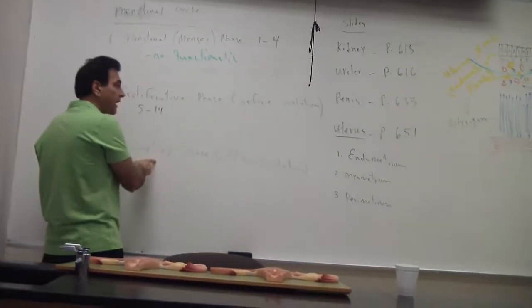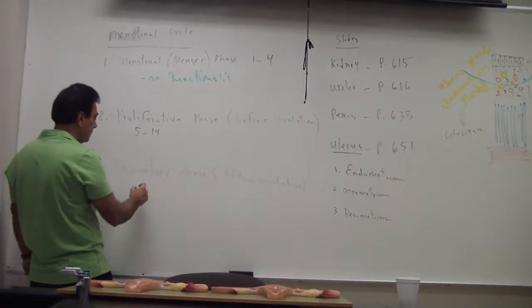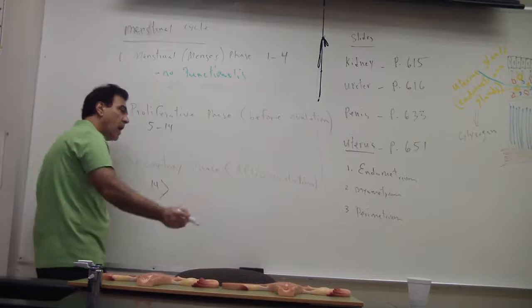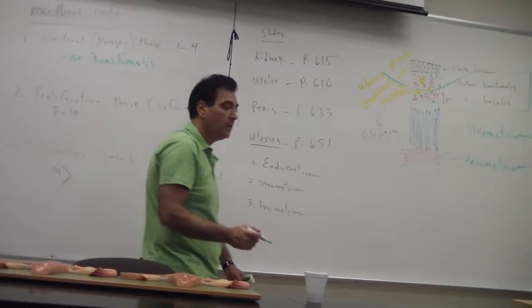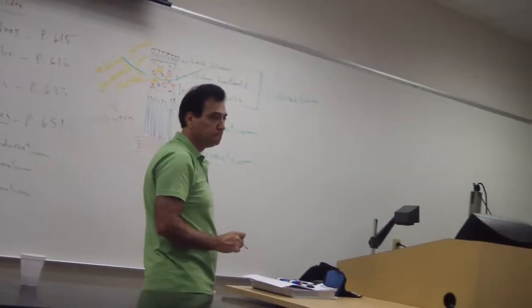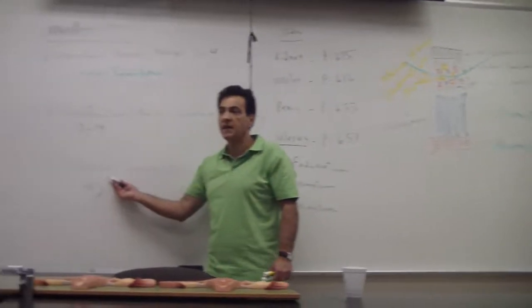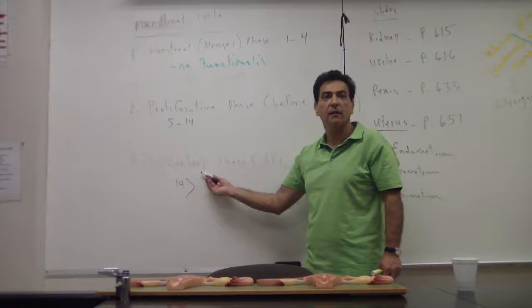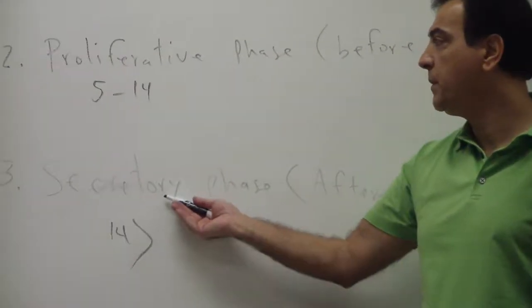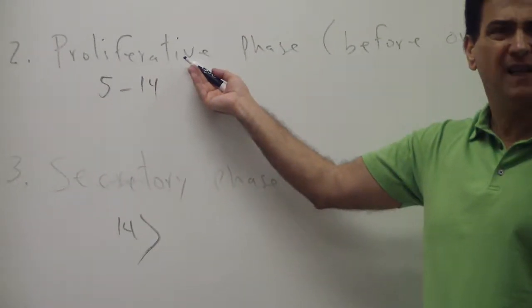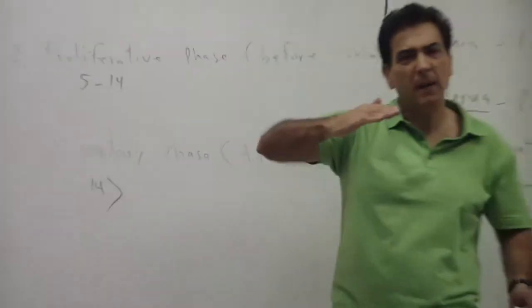The secretory phase, this is day 14 and above, day 14 to 28 or whatever. In the secretory phase, basically this is pretty much the same as what? This one, but the wall is becoming what?